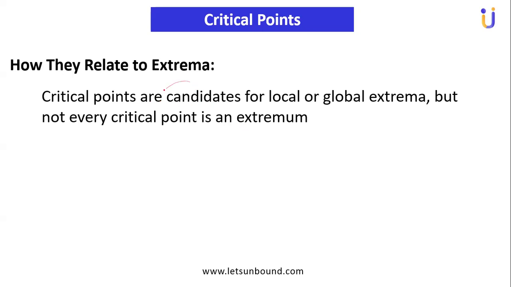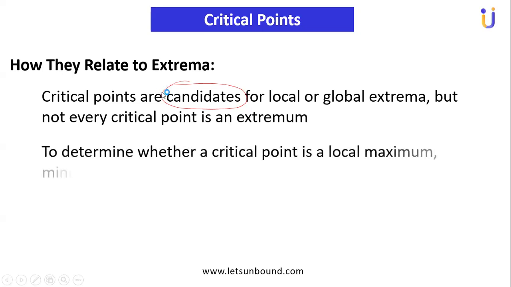We can take it as a candidate and we will do some tests. We have a lot of tests coming up: candidate, first derivative, second derivative, to classify the critical points, whether they are local extreme or global extreme, right? They are very important to determine whether a critical point is a local maximum, minimum, or sometimes neither.